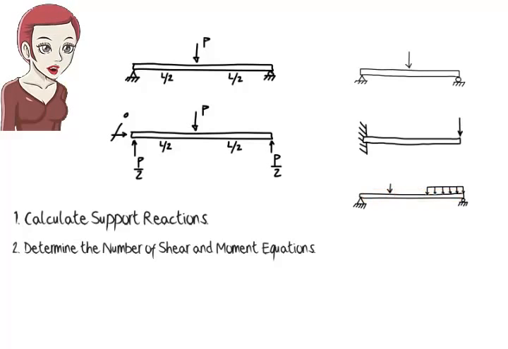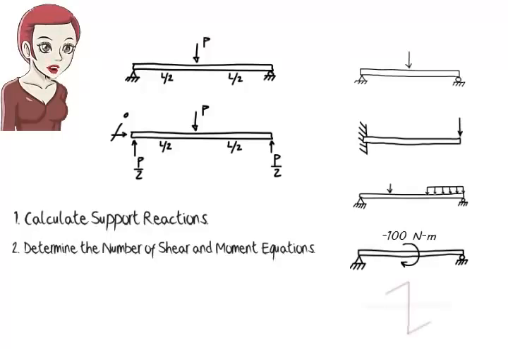From these examples, it may appear that the required number of shear equations is always equal to the required number of moment equations, but this is not necessarily true. We could have loading patterns that make the required number of moment equations more than that of shear equations. Consider this beam. Here the beam is subjected to a concentrated moment at its midpoint.